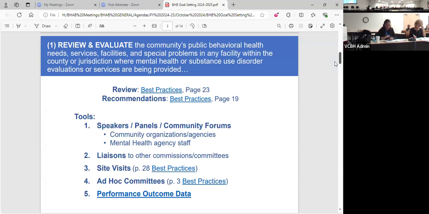And then performance outcome data, which it looks like it will be more standardized over the next few years. Proposition 1 restated what was already in law, that the Department of Healthcare Services and some other state entities were supposed to standardize performance measures. So they're working on that now. And so hopefully we'll see specific measures that every single county will be reporting on.